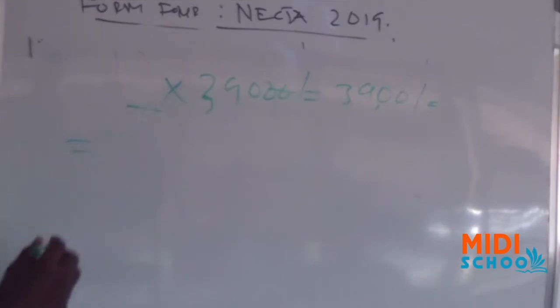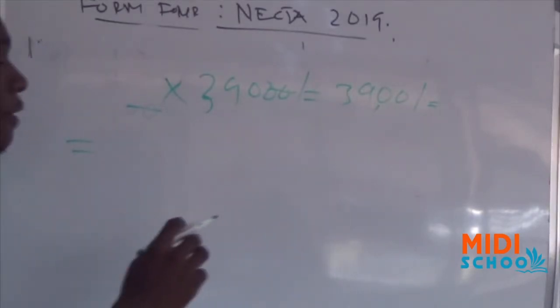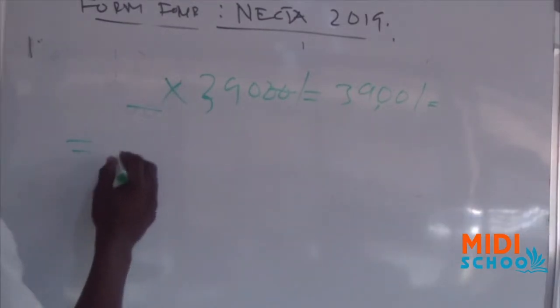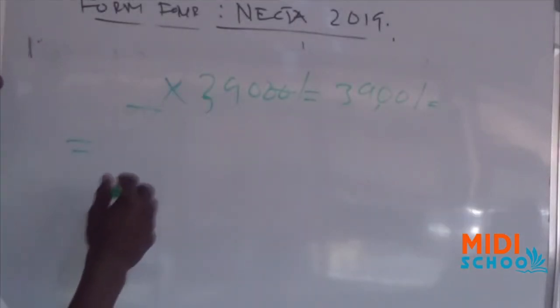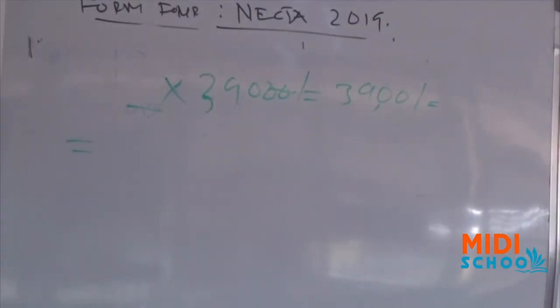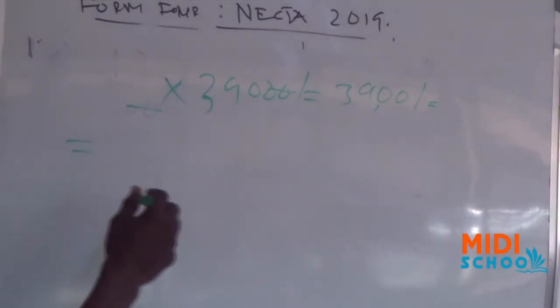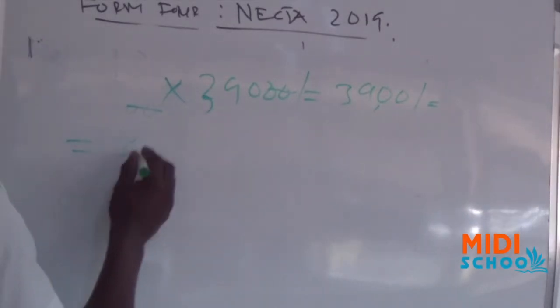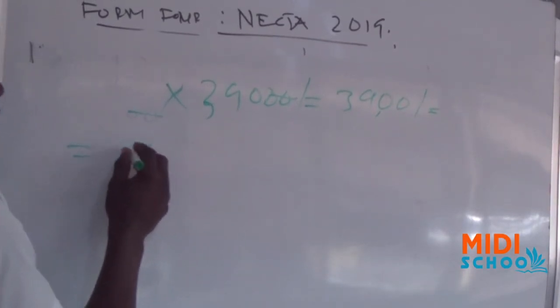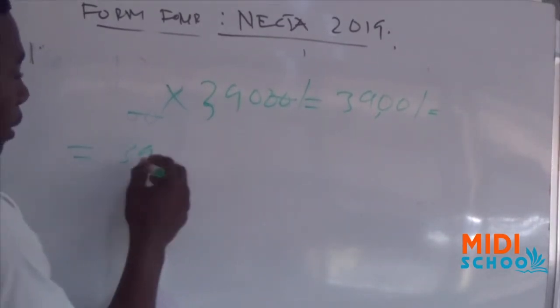So we take the amount remained after buying shoes minus the amount used to buy books. So this was the amount remained.